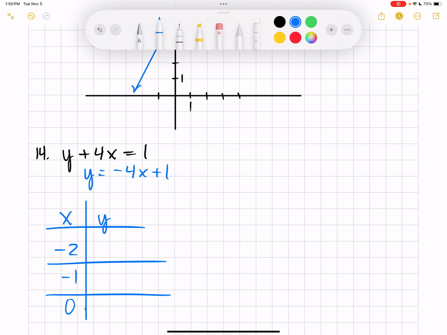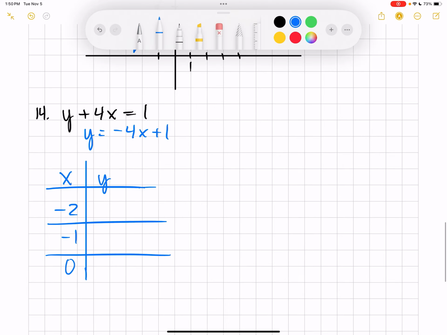All right, so I'm going to plug in for x here. So y equals -4 times -2 plus 1. -4 times -2 is 8. 8 plus 1 is 9. So this point is going to be at -2, 9.